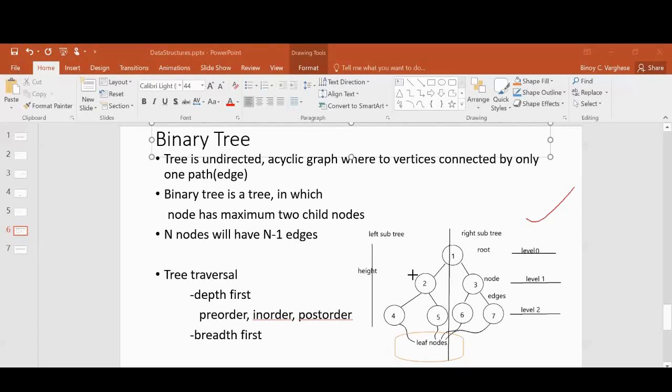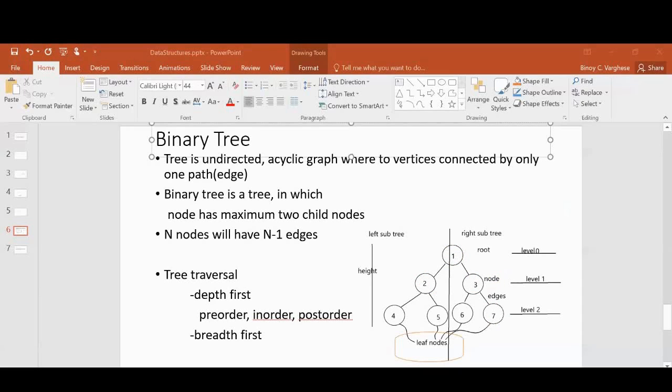Okay, so for example, here each round is called a node. That is what we have written here. The 3 is one node and 7 is one node, and these 3 and 7 are connected by an edge.